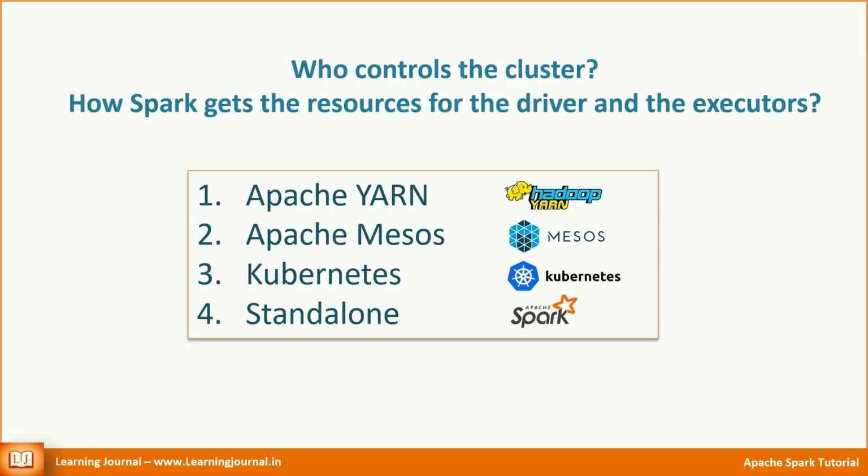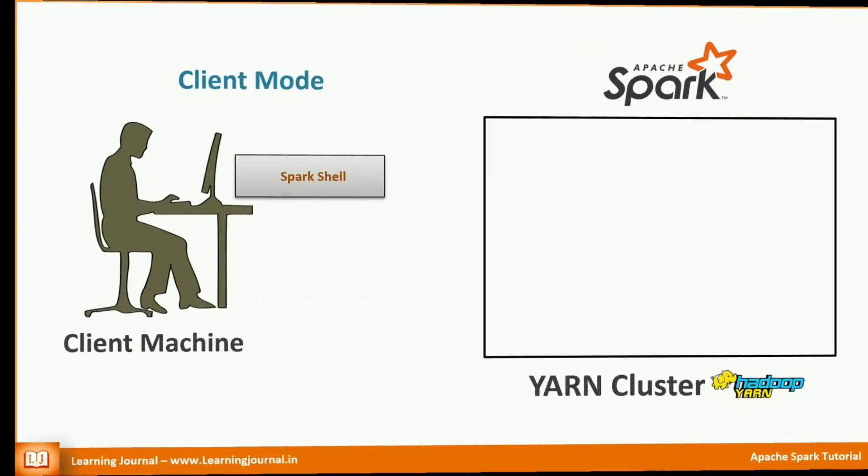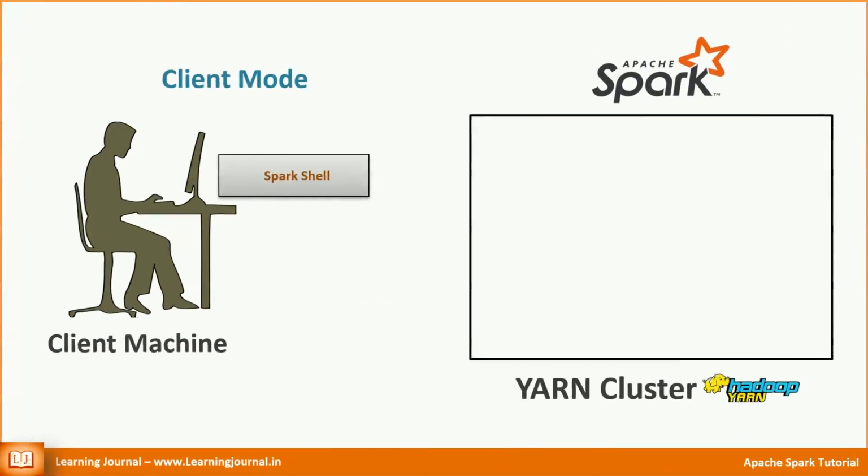Let's take Yarn as an example to understand the resource allocation process. I hope you are familiar with the Yarn application process flow. If not, I have an excellent video on Apache Yarn. Check that out. Okay, we haven't started coding a Spark application yet, so you might not be aware that the Spark application begins by creating a Spark session. That's the first thing in any Spark 2.x application.